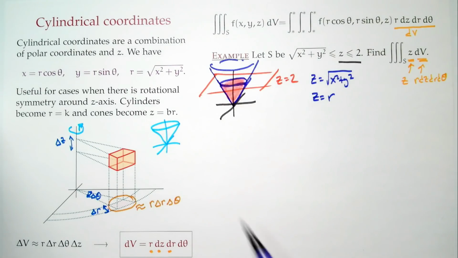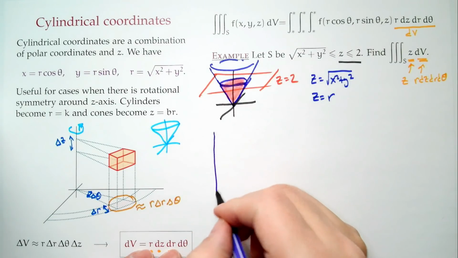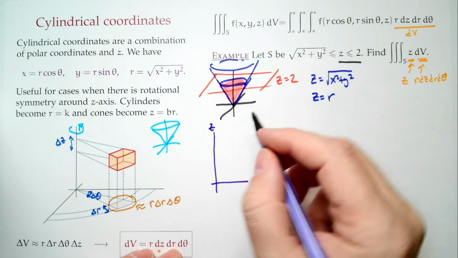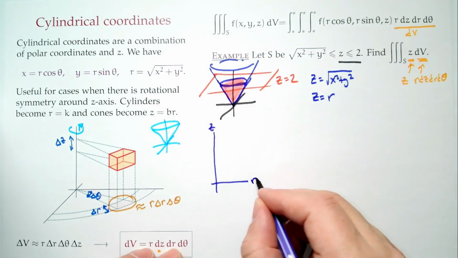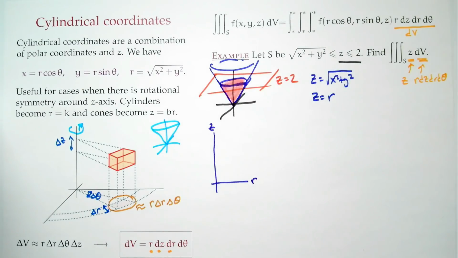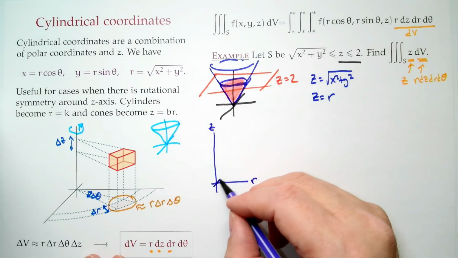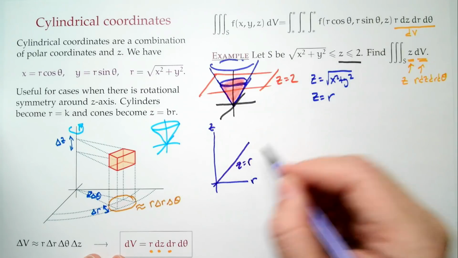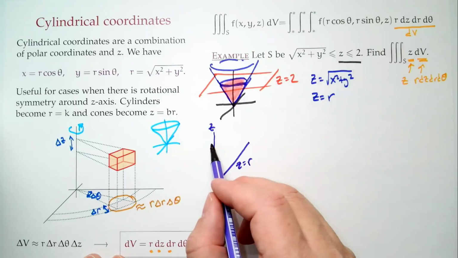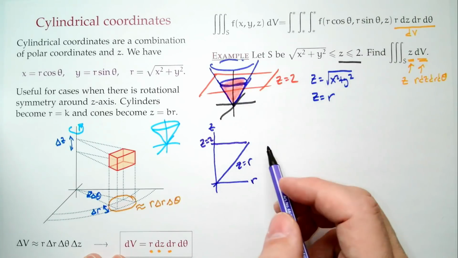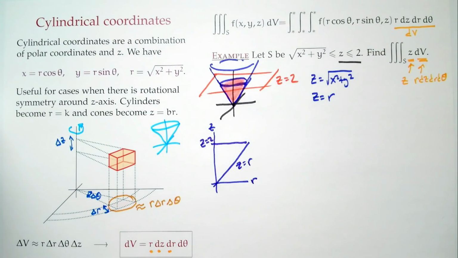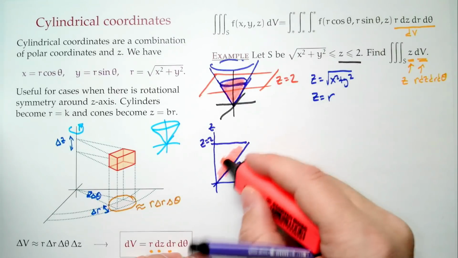In my slice, I have my z-axis, and I like to think of r as my other axis. And what do we get? We get z equals r, that's this one, and then we get z equals 2, which is the plane. So our region in a slice looks like this nice triangle shape.